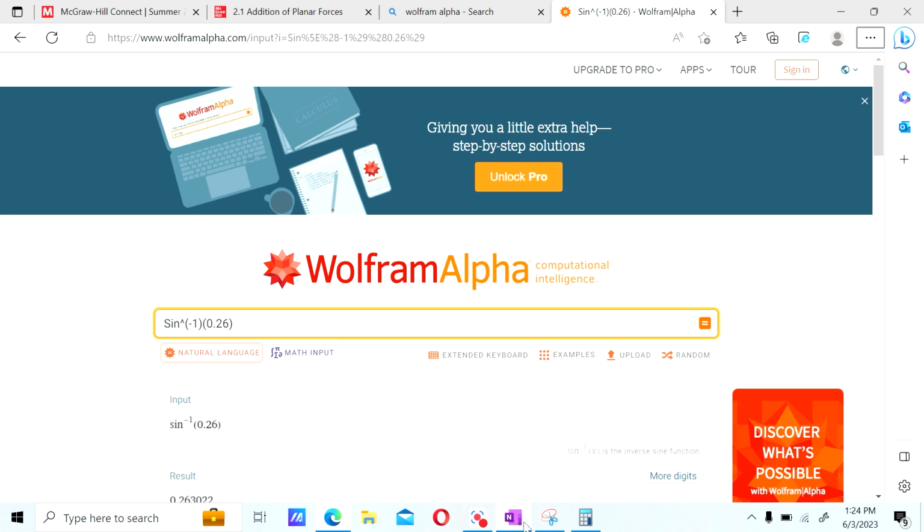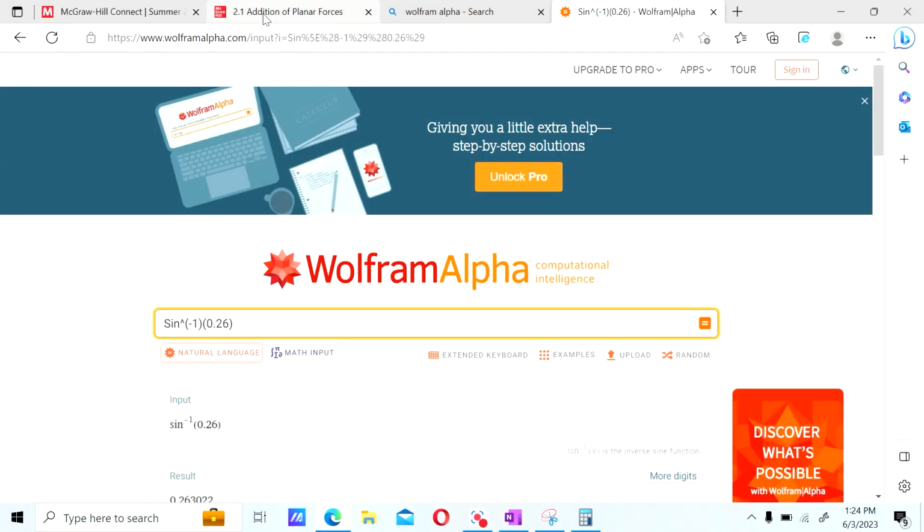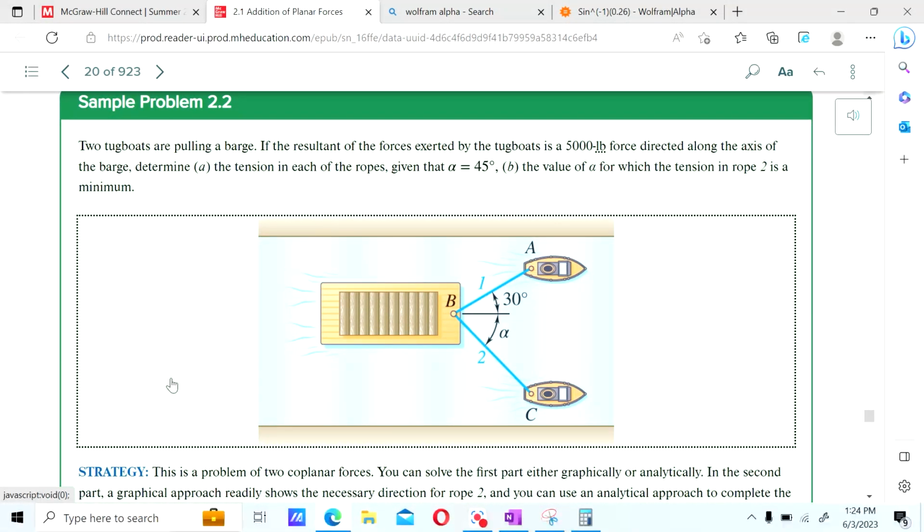All right, so we computed the angle using the sine law. We already did this just to remember how to do it. But I was hoping to go through more concepts in your book. So this is a good example right here. It's a boat, for carrying garbage or other things through a river, and they're giving two boats.